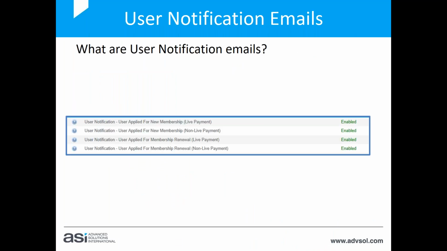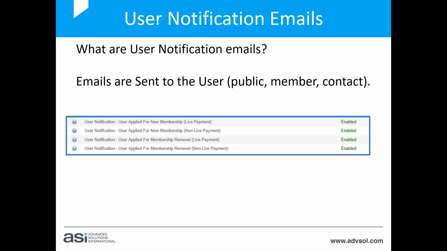So let's now look first at our user notification emails. When we look at our email template pages, you'll see a list of user notification emails and a list of admin notification emails. The user notification emails are usually at the top of the list. They're the ones that are most important. They are the emails that are sent to the user, which could be a public person, a member, or a contact.